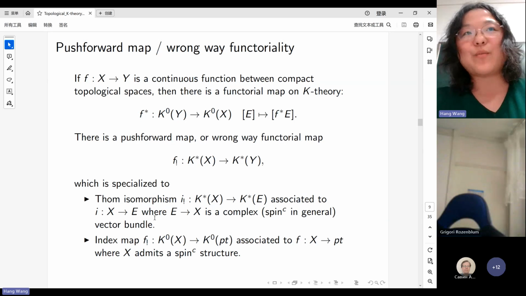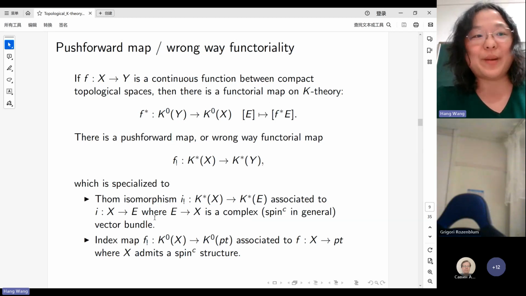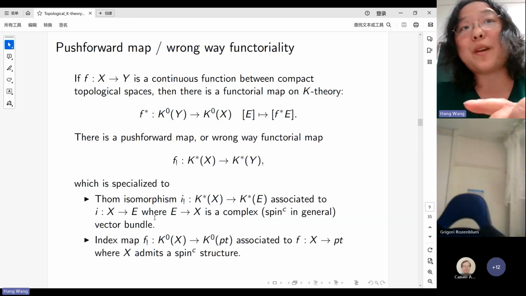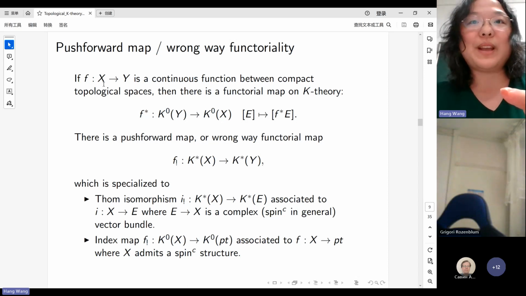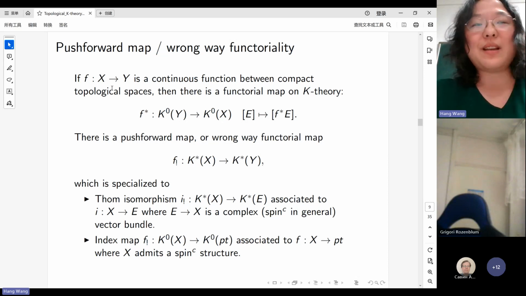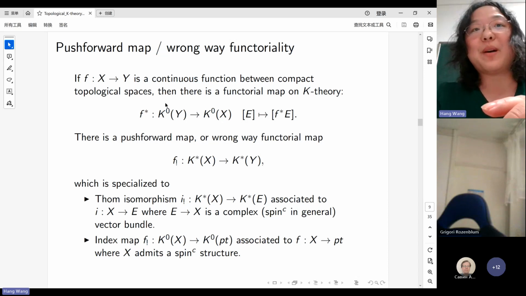But before that, let us recall the functorial map on K-theory. For topological K-theory, if we have two topological spaces X and Y and a continuous function between them, then one can have a natural functorial map on K-theory by pullback.